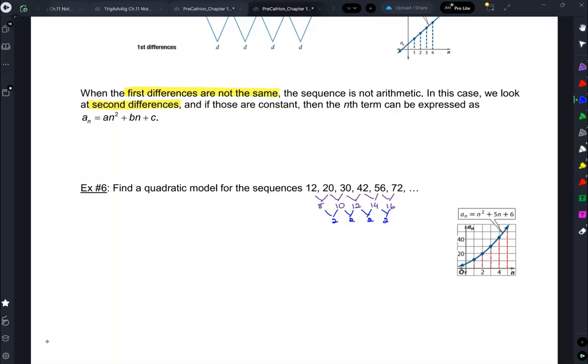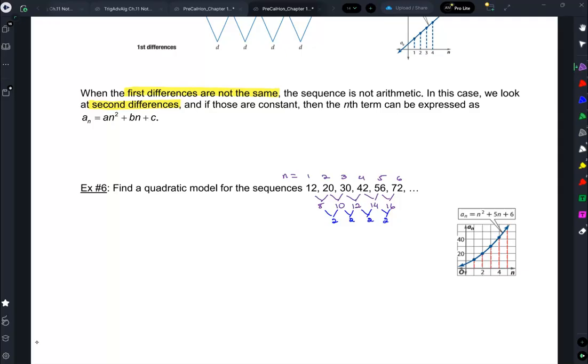Positive 2 because you do 2 minus 1, right? So that means this is a quadratic function. And look, somebody plotted them here, right? And it's not linear. So here, this is n equals 1, 2, 3, 4, 5, 6.